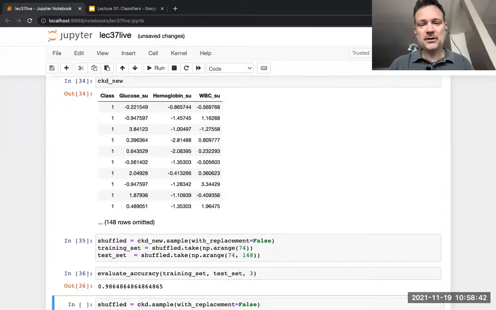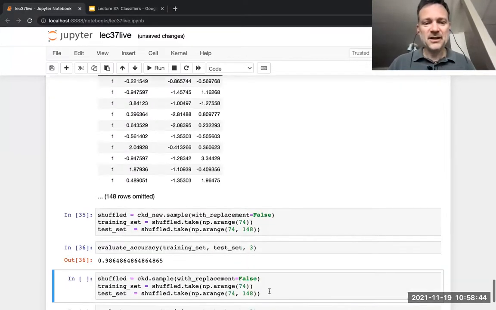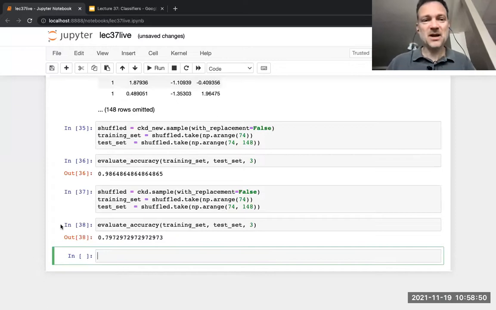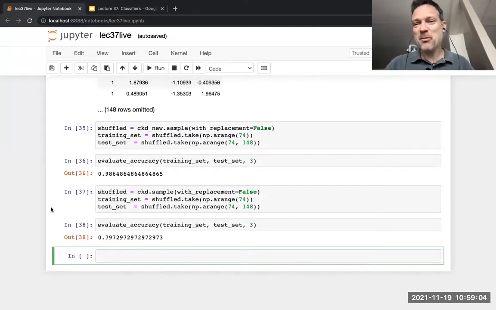Now let's compare what you get if you did not convert to standard units and use the original data set. Everything else the same, just not using standard units. Now you can see the accuracy is only 80%. So 80 versus 98%.